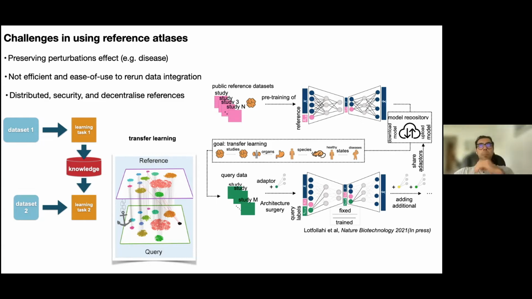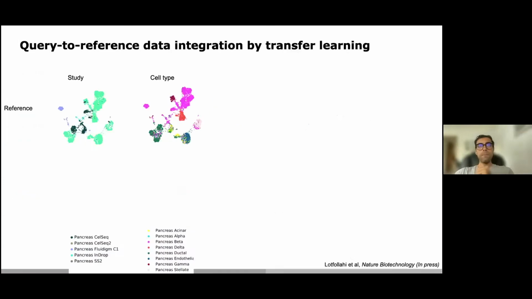And I'll show you a few examples of why scArches works, how it works, and why it is useful. So the first aspect is once you have the reference atlas, you want to update this reference atlas. And I'll show you with pancreas data sets from 5 different studies how we build a reference atlas. So what you see is the unintegrated data. We used a conditional VAE.